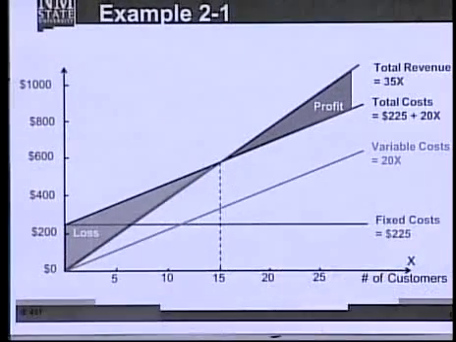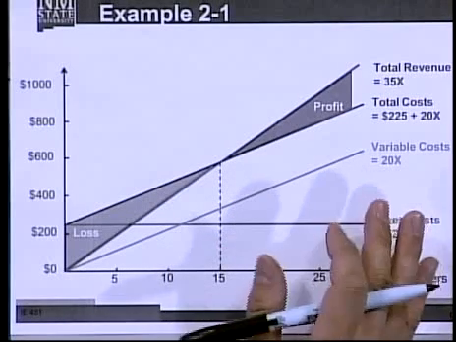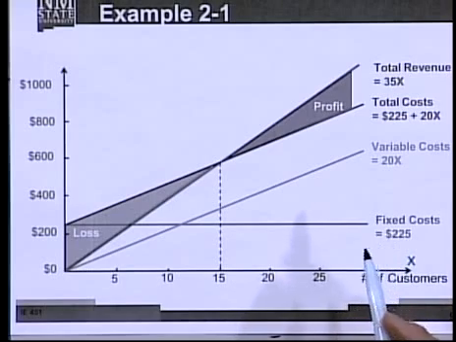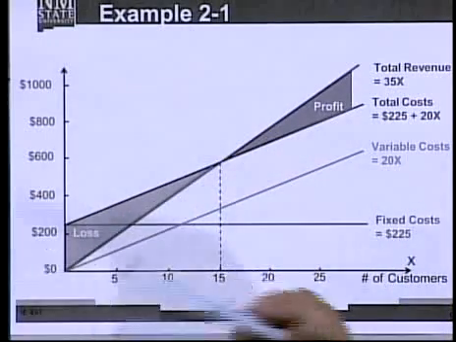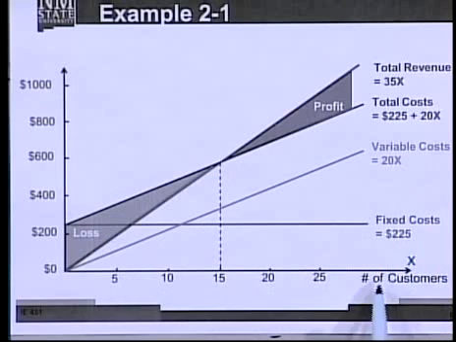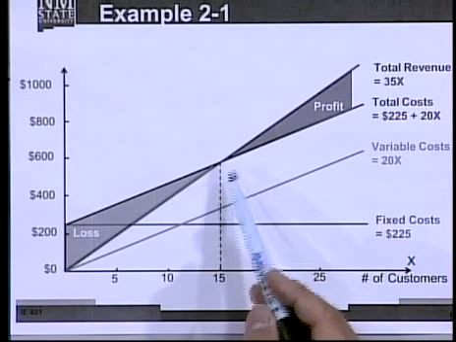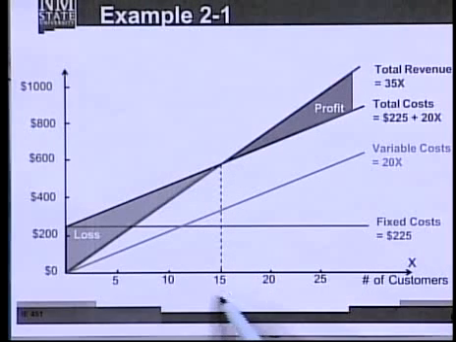Just as an example, this is a very similar graph to the one I drew just ago, right? So this figure illustrates the break-even analysis for our text example 2-1. In this case, the number of students at which the total cost equals the total revenue is right here, which is 15 students.